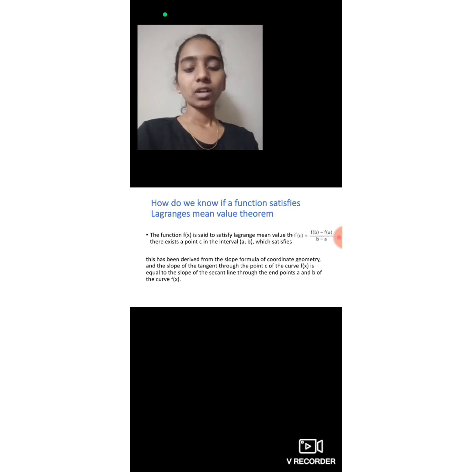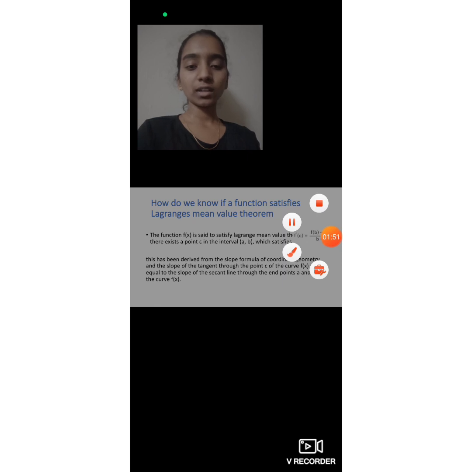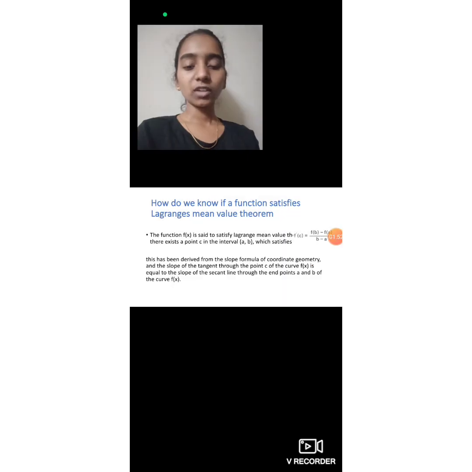How do we know if a function satisfies Lagrange's mean value theorem? The function f(x) is said to satisfy Lagrange's mean value theorem if f'(c) = (f(b) - f(a)) / (b - a), then there exists a point c in the interval (a, b) which satisfies this.